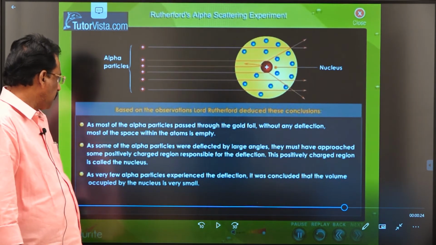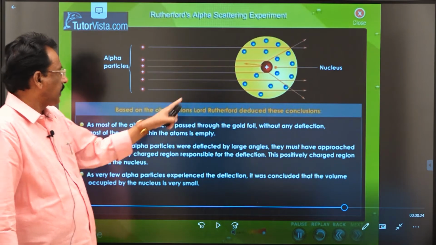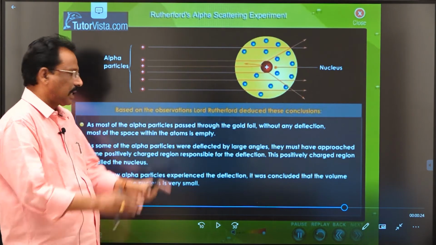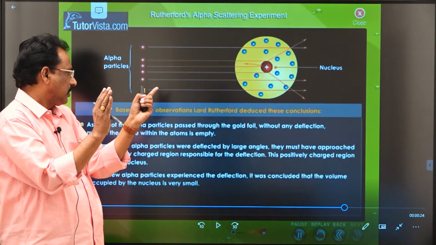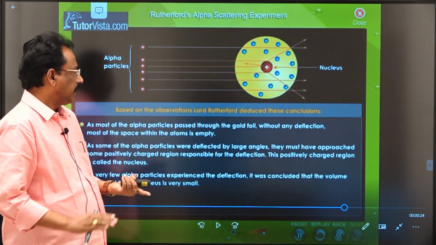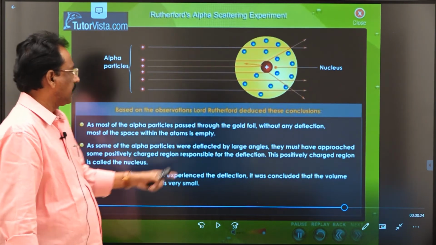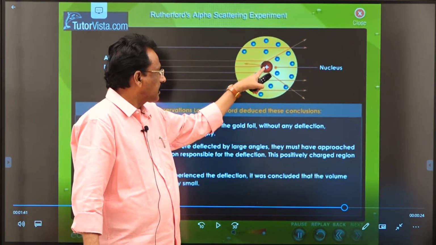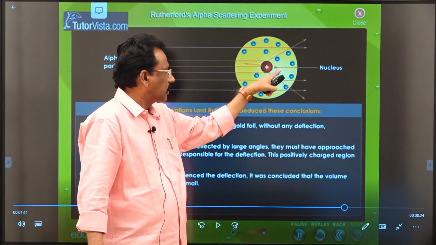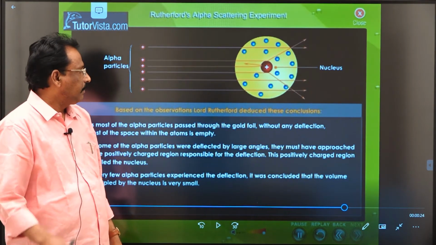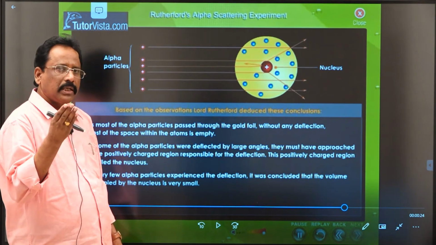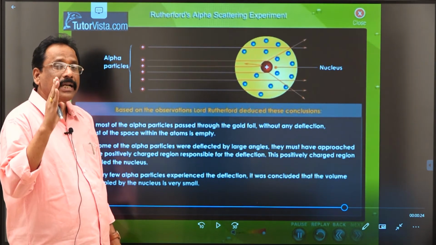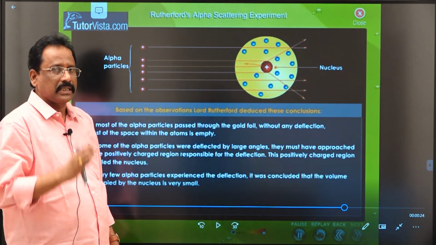And the second observation is very few alpha particles, here, this one and this one, are scattered at larger angles, indicating there is a heavy positive charge concentrated at the center part of the atom, which he called the nucleus. So the best observation and conclusion in this alpha particles scattering experiment is that each and every atom has a nucleus.